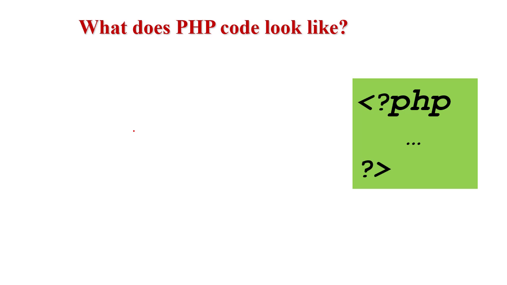Now let us see how sample PHP code looks. As shown in this block, it starts with the angular bracket, question mark, then php, and within these two tags all the PHP code is to be written. It ends with a question mark and greater than symbol.